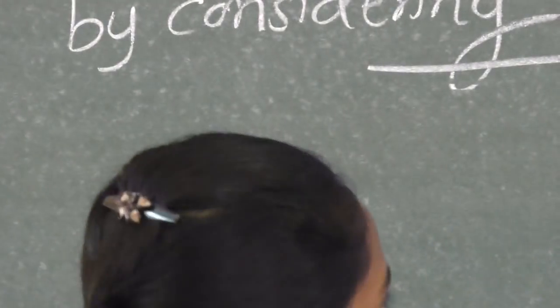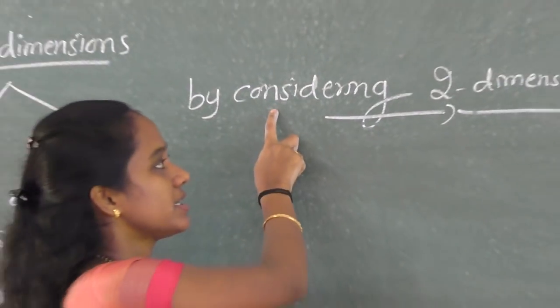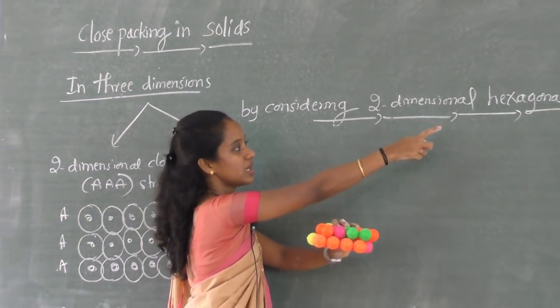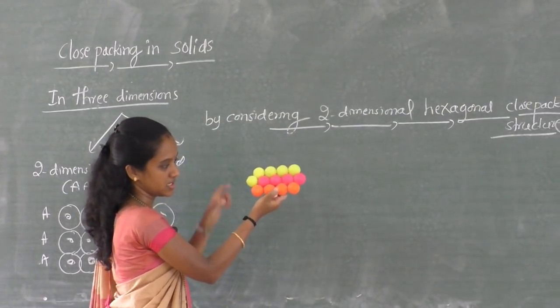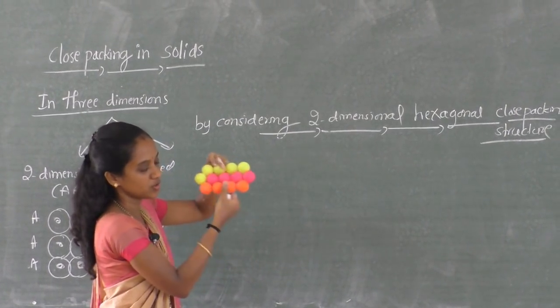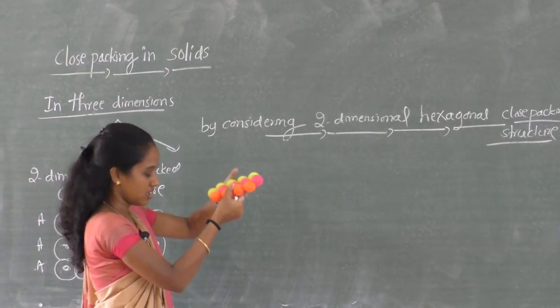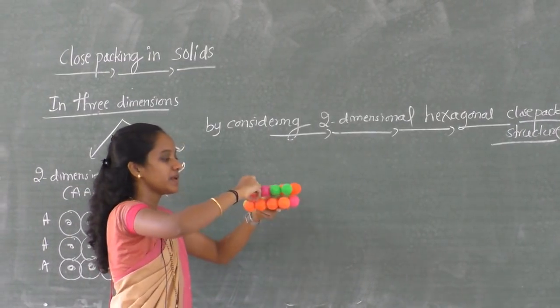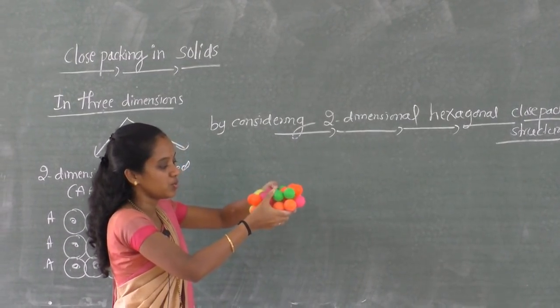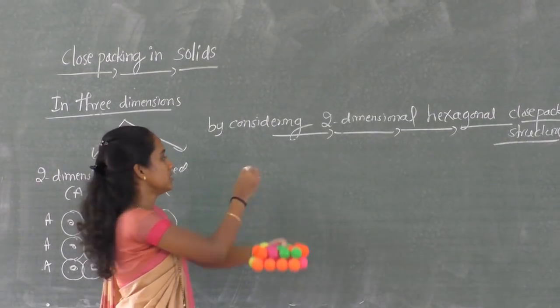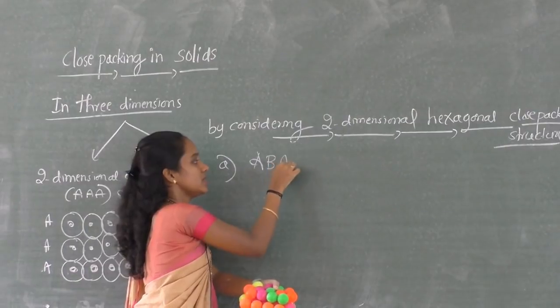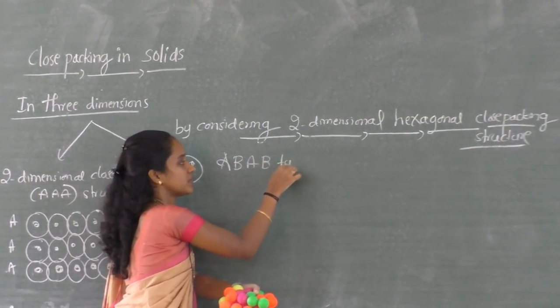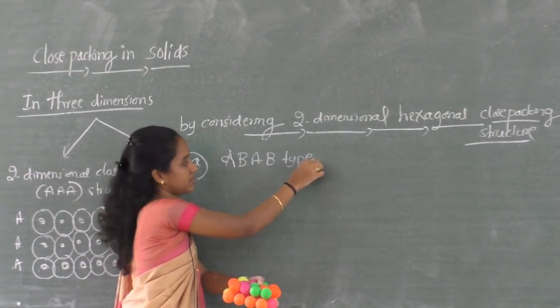Understood? So by considering the two-dimensional hexagonal close packed structure, that is this one, and keeping one more layer above the first layer, the arrangement is of the AB type.